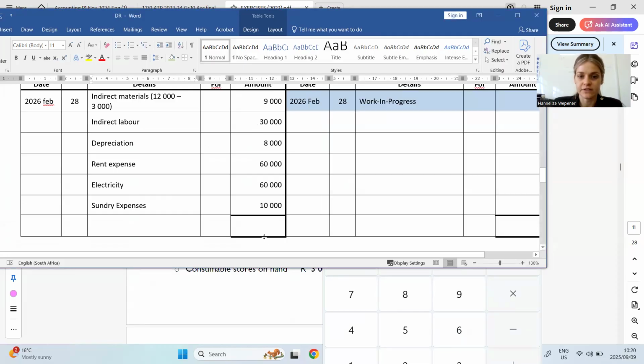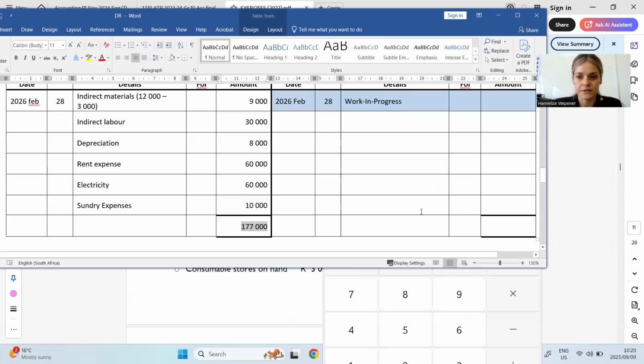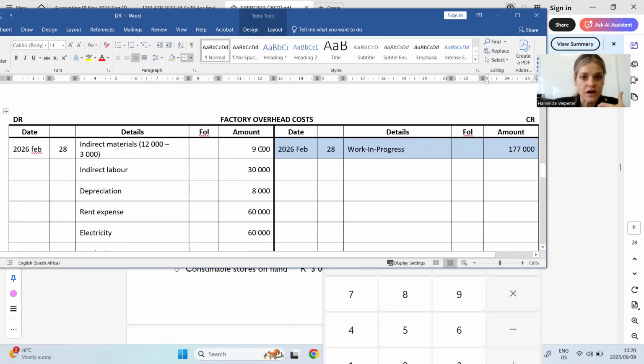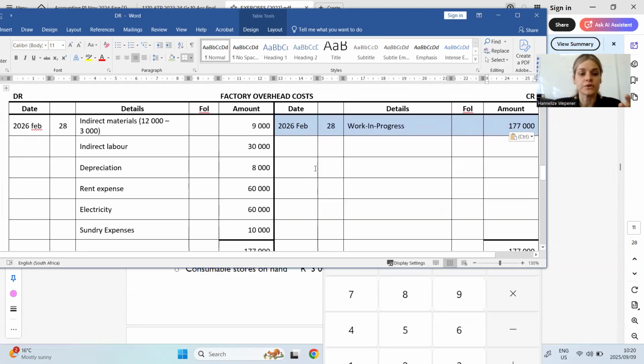So 177, and then 177 here as well. And that means that our total factory overhead costs for this year in the work in progress scenario was 177,000.